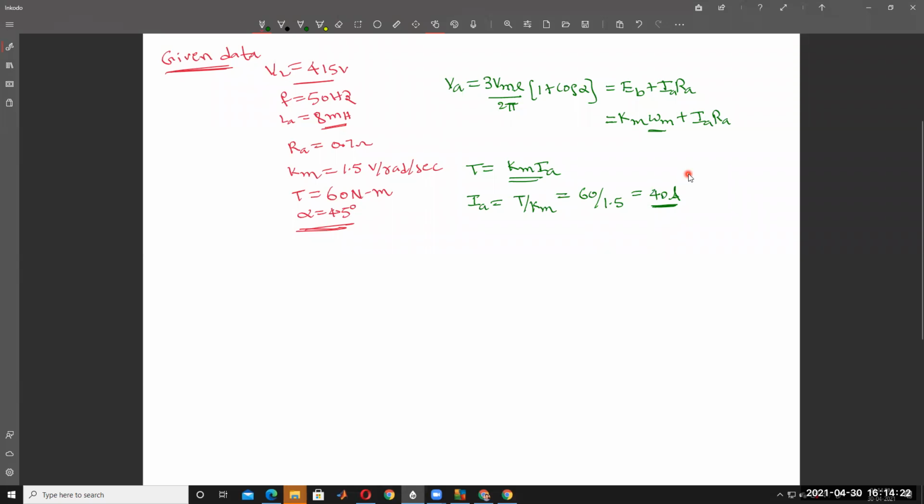Substitute here and then you will get omega m. First you will get radians per second, then convert into RPM.